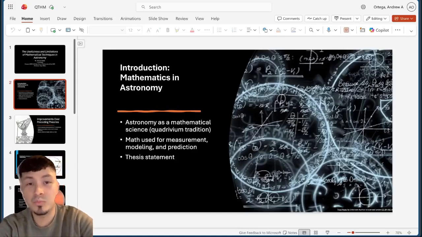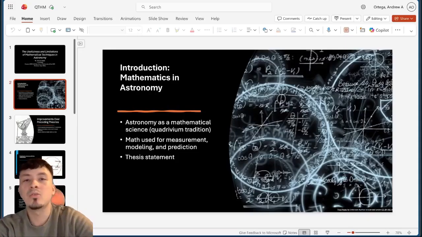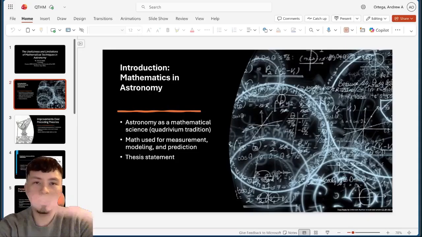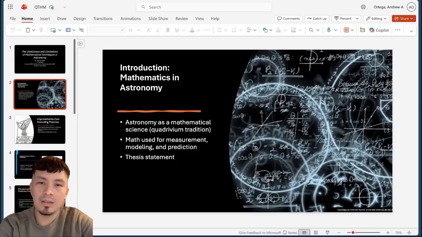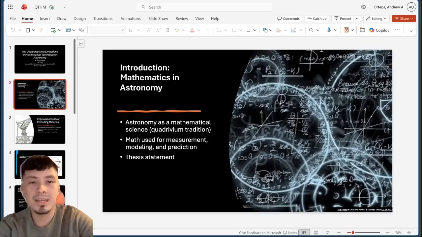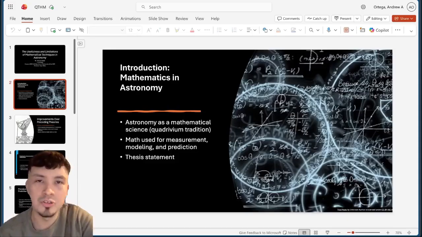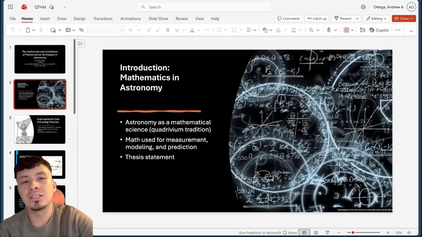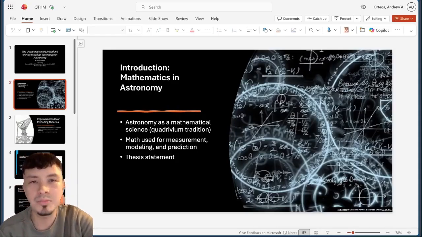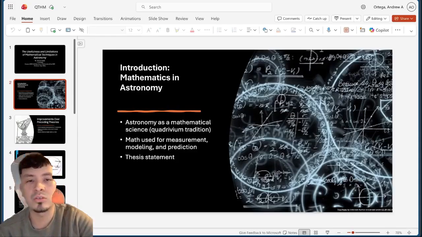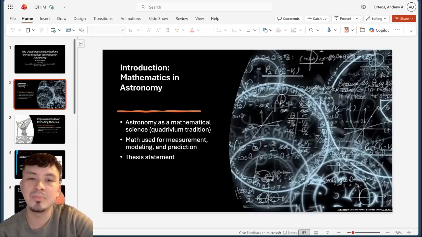My thesis for this project is that Kepler's mathematical innovations significantly improved astronomy over time, right, by making it empirical, but also in a way by making it testable. But the effectiveness of mathematics is not 100% accurate, as we'll prove later in the presentation, because it sometimes depends on the assumptions, but also on observations that need to be confirmed.